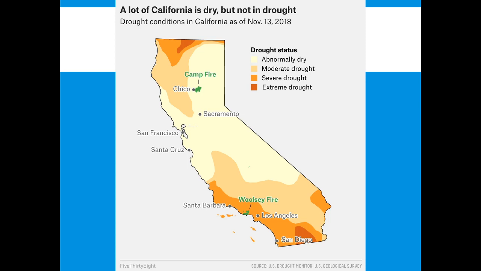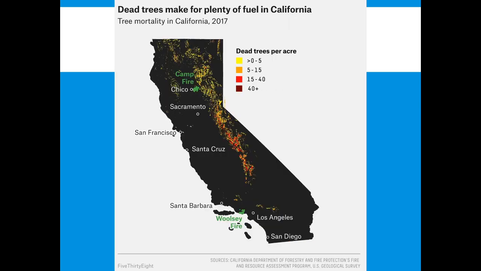They're just dry. So the Camp Fire from a year ago, and the Woolsey Fire in Los Angeles, and then this year there's a big fire outside of Los Angeles. A lot of these drought conditions are causing these fires to become larger and more intense. We also can see that there is a lot of dead biomass in California, which can allow for more area to be burned.